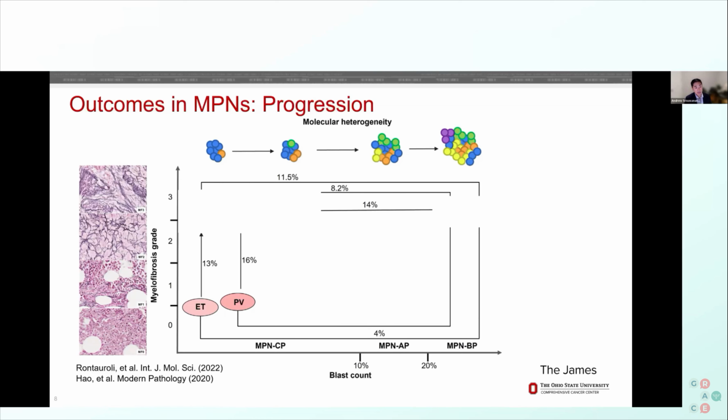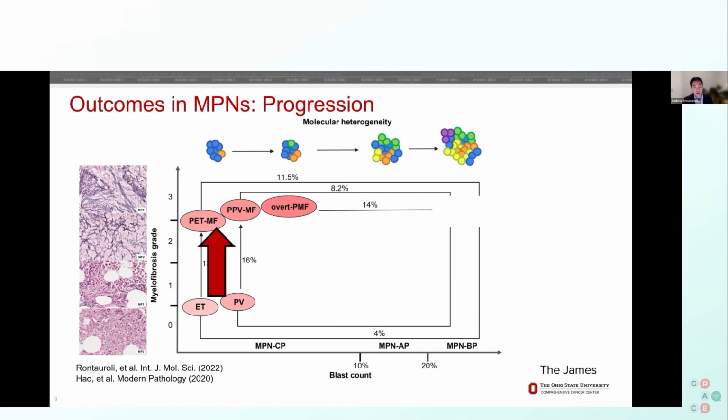With ongoing activity and time, you can see that the scar tissue develops further and further, and the disease transforms to either a secondary myelofibrosis, or patients can be diagnosed at that time, and that's called primary myelofibrosis.